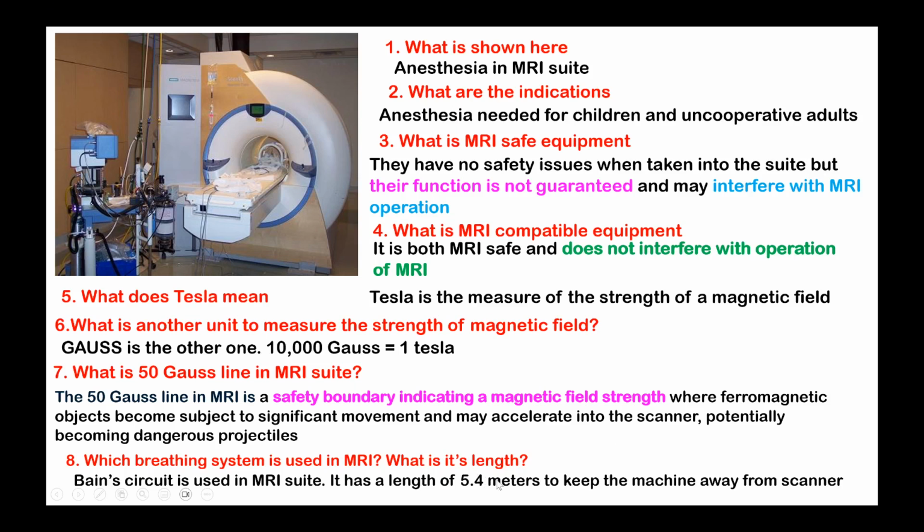So, how is the apparatus dead space decreased in that? I told this point in the last class. Let me see whether you remember that or not. Even though we are increasing the length to 5.4 meters, almost 16, 17 feet, how is the apparatus dead space reduced?